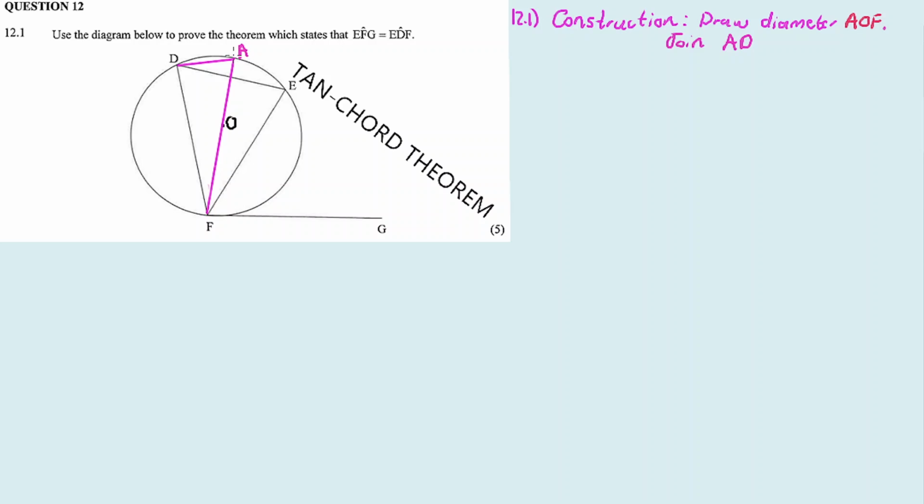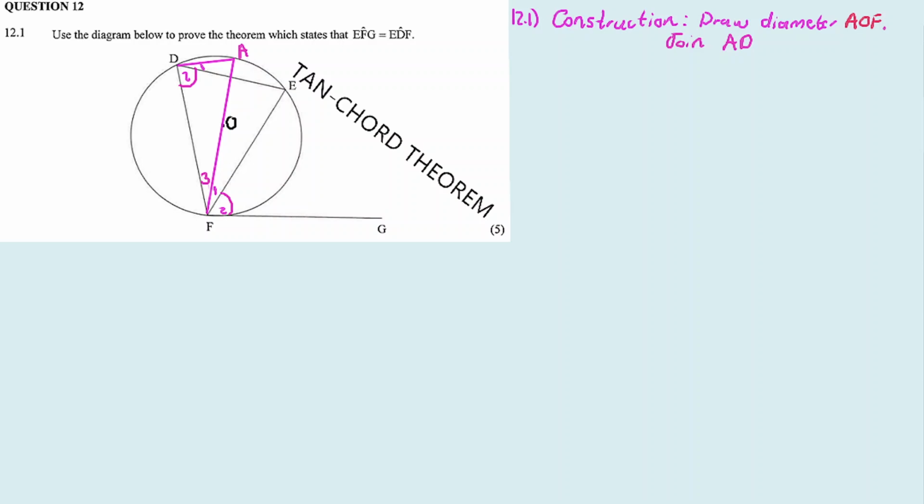After doing this construction we see that it divides these angles. This line creates angle 1 and 3 as well as angle 2, and when we join AD we get angle 1 as well as angle 2.